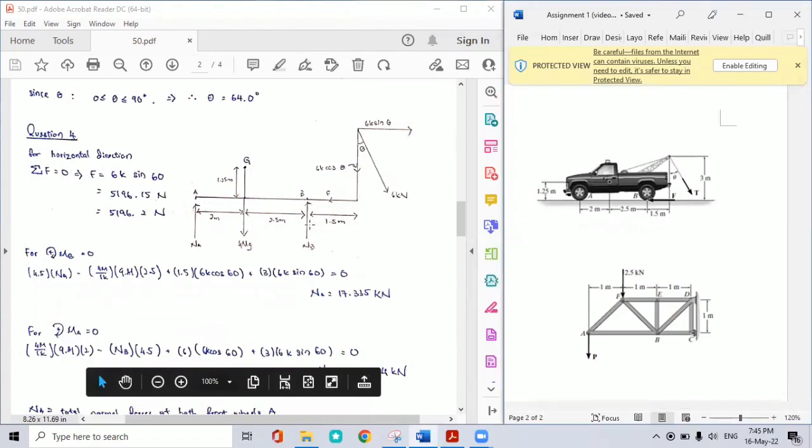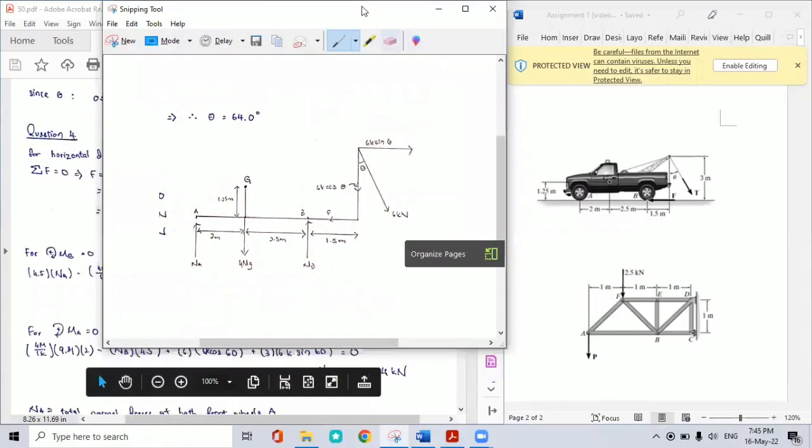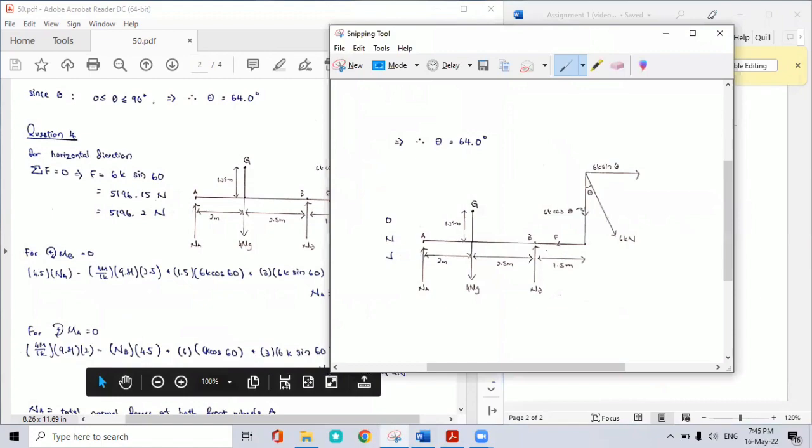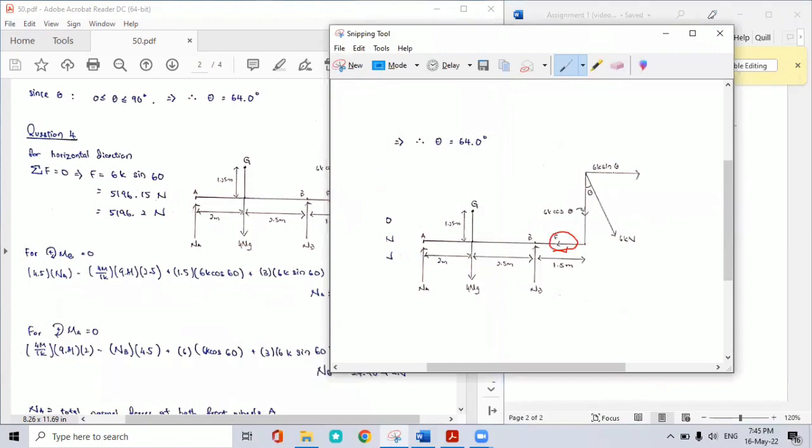Let me show you the graph. We know that the horizontal direction only has this and this. Therefore, if the whole system is in equilibrium, the sum of the horizontal directions and the vertical directions is equal to 0. We can make use of this requirement and make our own expressions.